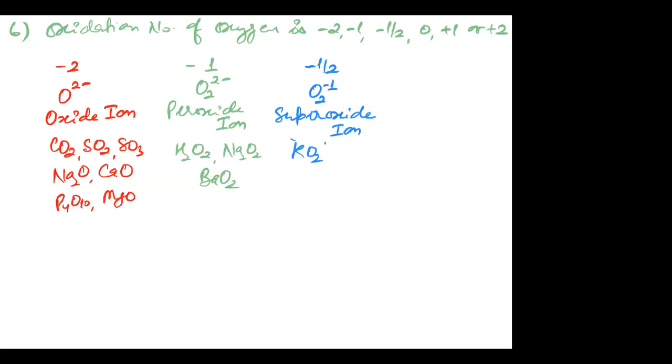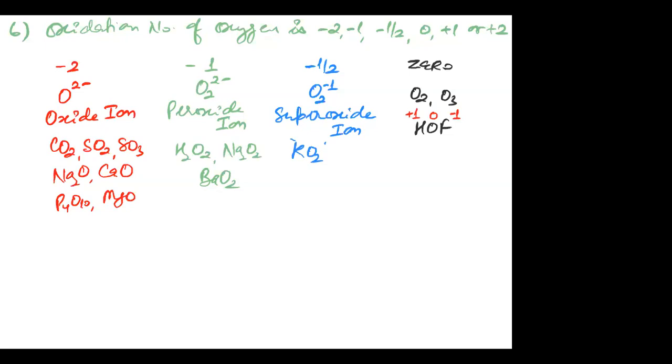Oxygen can have zero oxidation number also. For zero oxidation number, it may be O2 or O3, which is the elemental state of oxygen, or a compound of this type, HOF, in which fluorine has -1 by rule, hydrogen has +1, and thus the oxidation number of oxygen should be 0 here.